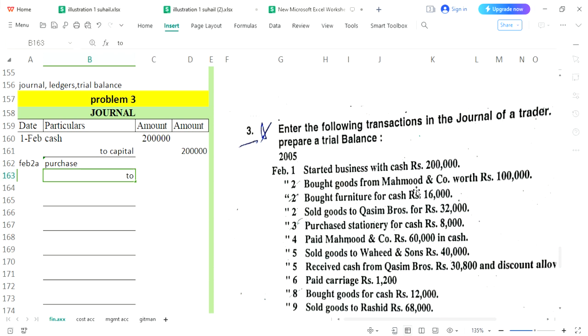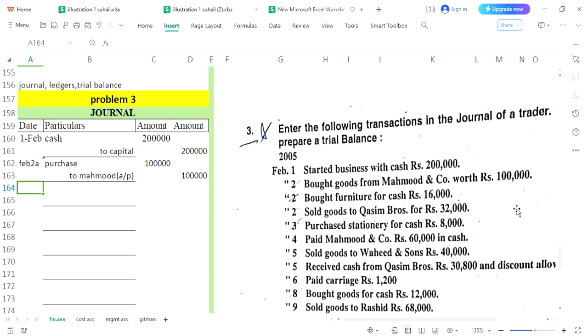So you will write the name of Mahmood on the credit side. Why? Because Mahmood is our account payable. As a liability, we are putting it on the credit side. How much worth of goods have we purchased? That is 1 lakh. So put 1 lakh on the debit side and the same 1 lakh would be posted on the credit side as well. This way you have completed the February 2nd A entry.